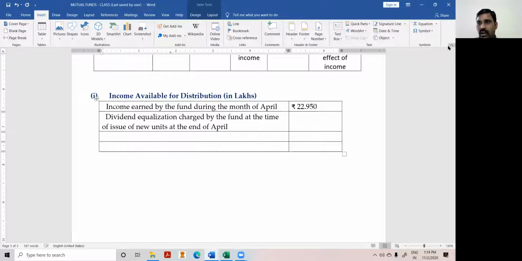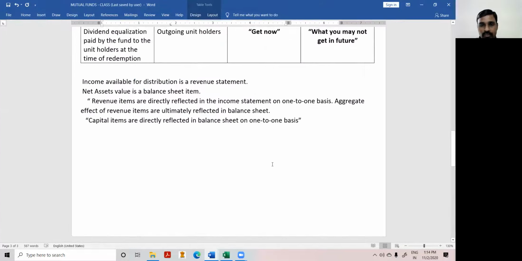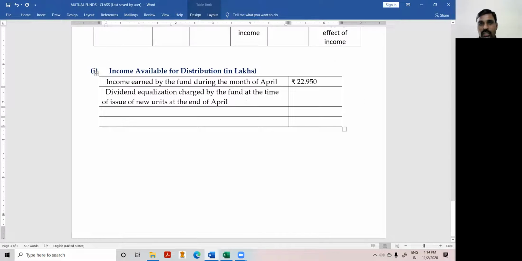Charged by the fund on the new units issued at the end of April. So dividend equalization is charged by the fund on the new units issued at the end of April.